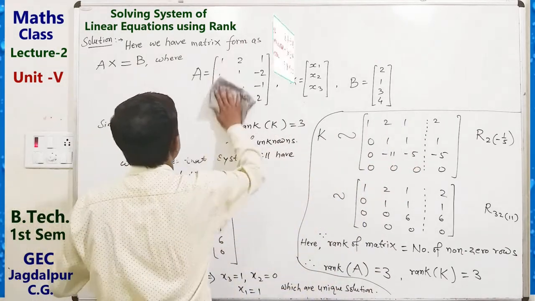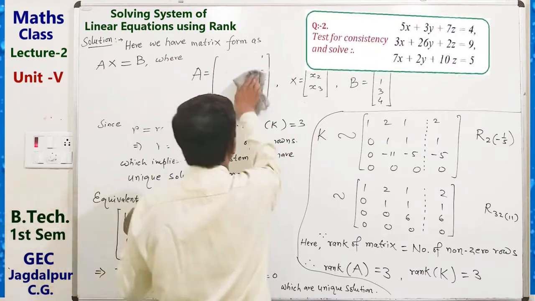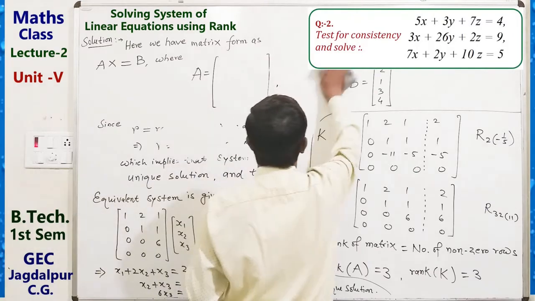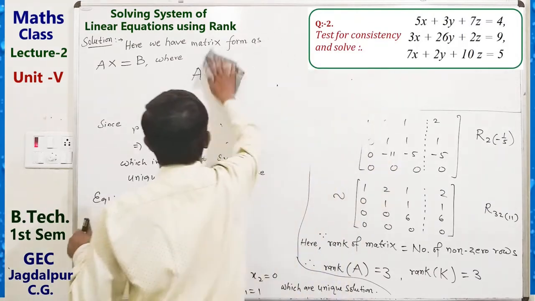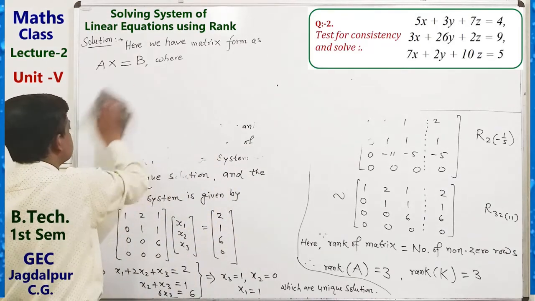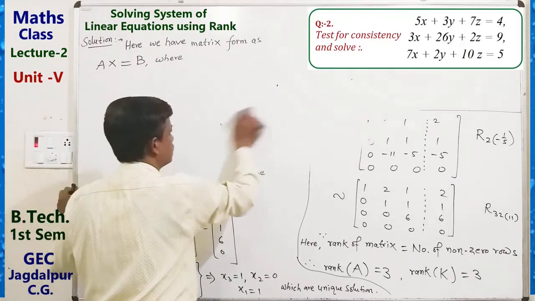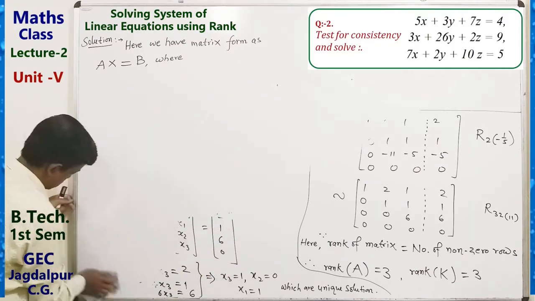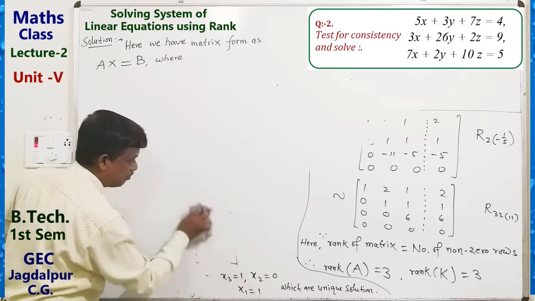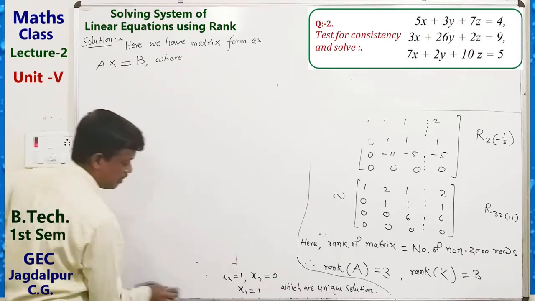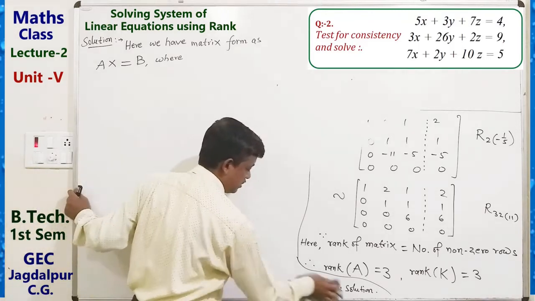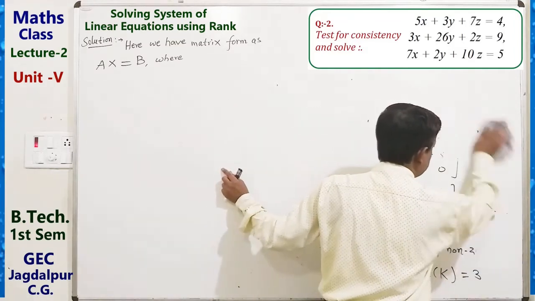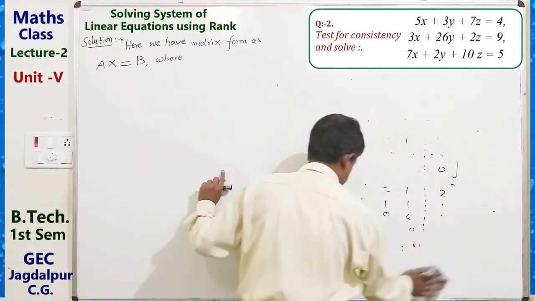Okay, so here also, the main thing is you have to convert the augmented matrix to upper triangular form so that you can find the rank easily.